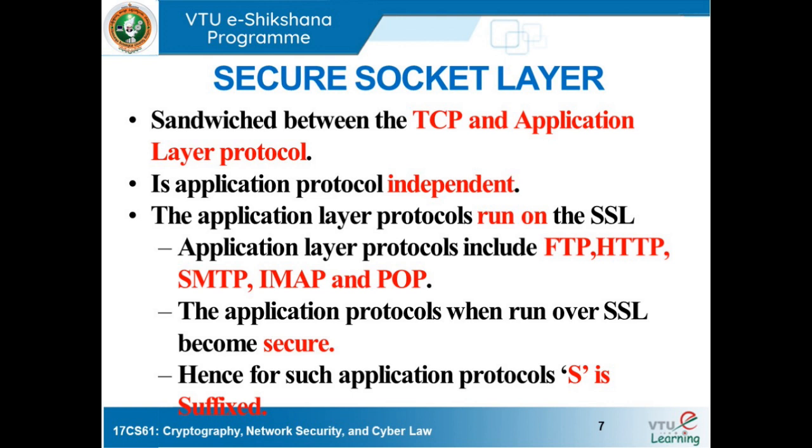The other protocols of the application layer are IMAP and POP. What does IMAP stand for? IMAP stands for Internet Message Access Protocol. This application layer protocol is a mail protocol used for accessing email on a remote web server from a local client.